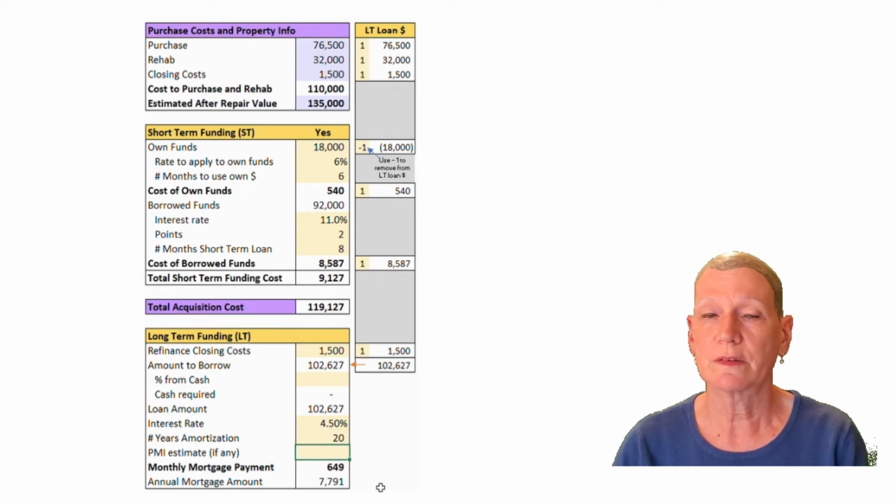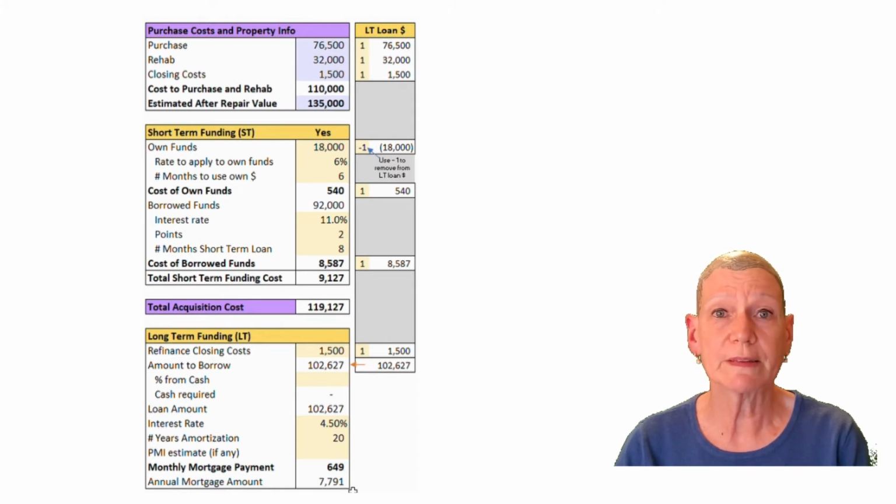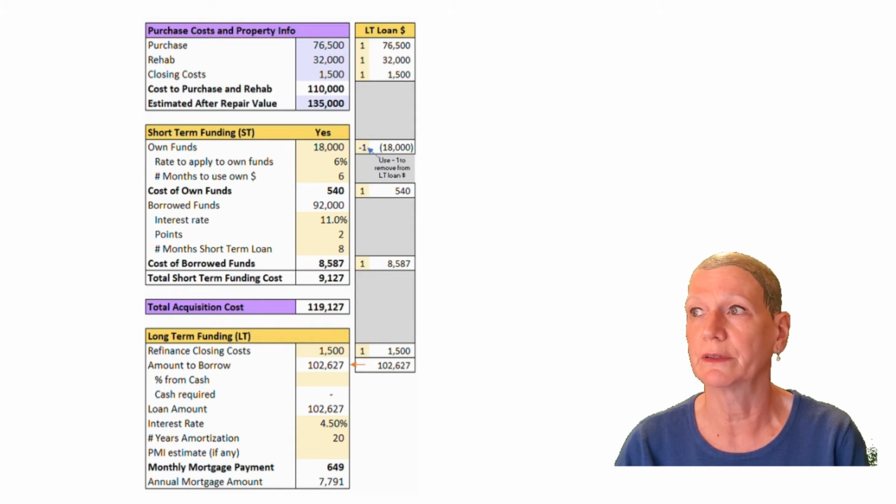So you know that that's more like a commercial loan. And with that type of loan, we wouldn't really be talking about PMI. So our monthly mortgage payment is shown here. And again, that's multiplied out to give us an annual number. So that's it for the long-term and short-term funding section of the spreadsheet.